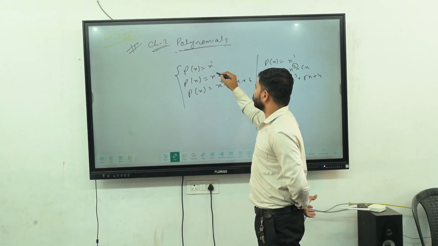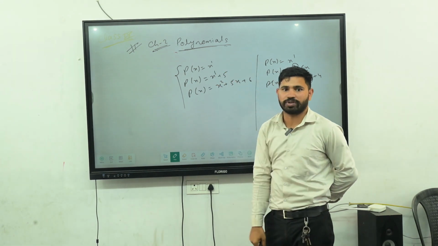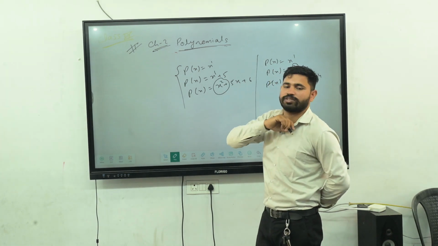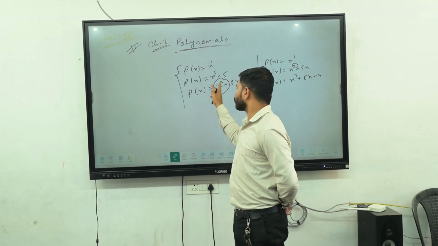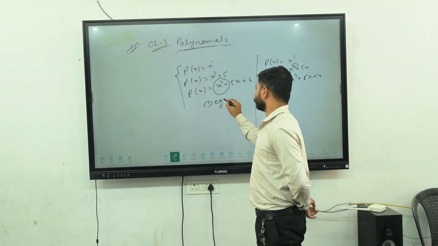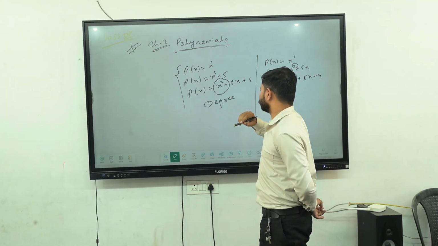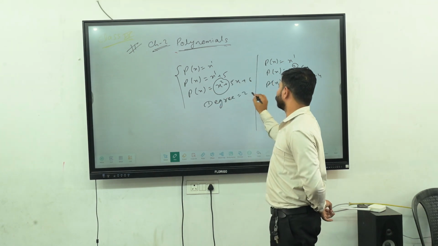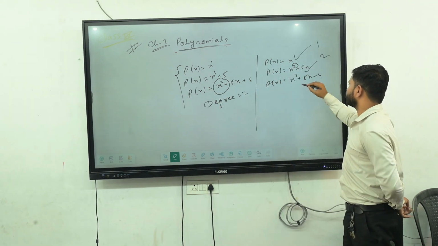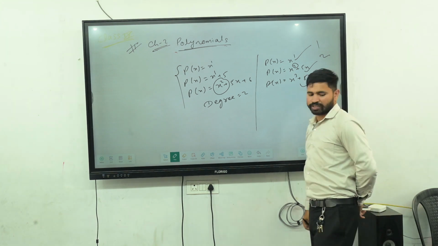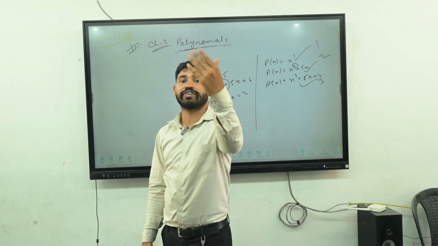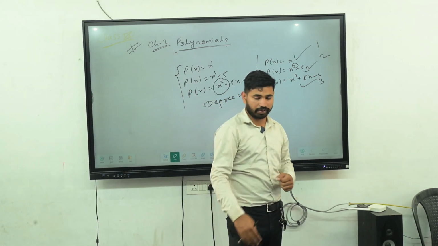Also see, the highest power of the variable is 2, that's why P(x) is called a quadratic polynomial, and the degree of this polynomial is 2. Same, the degree of this polynomial is 1, of this is 2, and of this polynomial is 3.